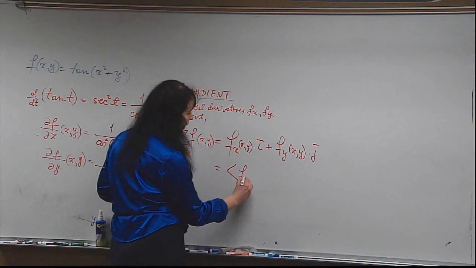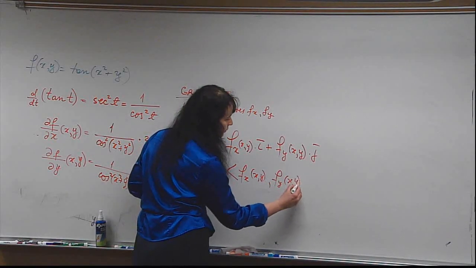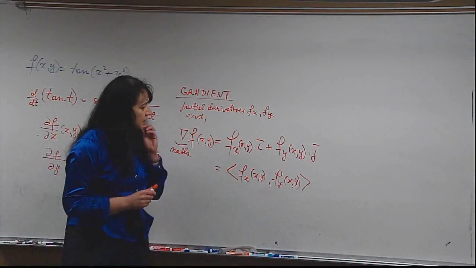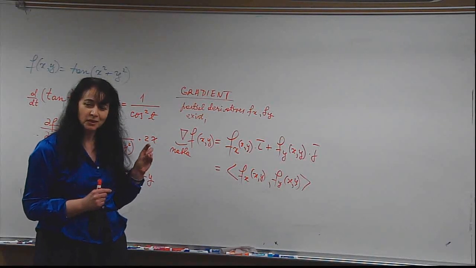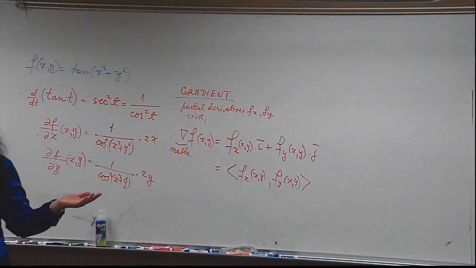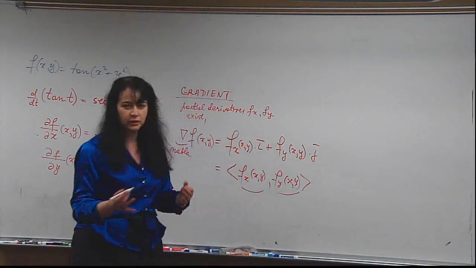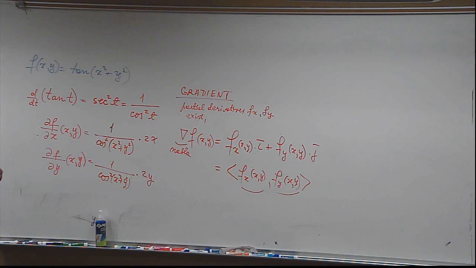Angular bracket f sub x at x, y, comma f sub y at x, y. People who saw my videos, colleagues who teach Calc 3, said I have a tendency of not going by the book notations all the time and just give you the round parentheses. It's okay. Different books, different notations, but what I mean is to represent the vector in the standard basis i, j. All right.